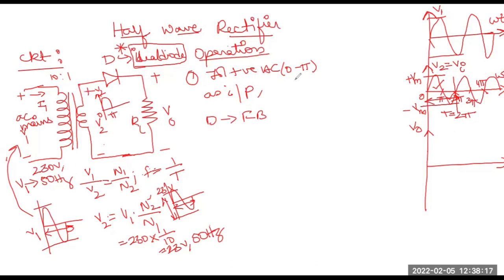Fine. So now for the positive half cycle as input that exists for the period 0 to pi, we observe that the diode is forward biased. So now if the diode is forward biased, what can we replace it with? Short circuit. So let me not show the primary voltage.